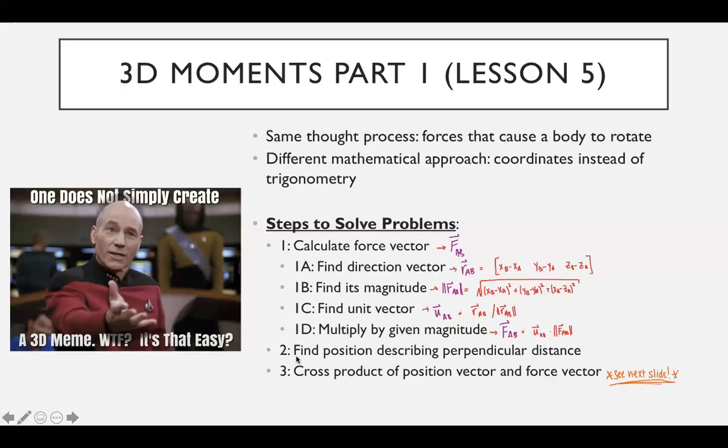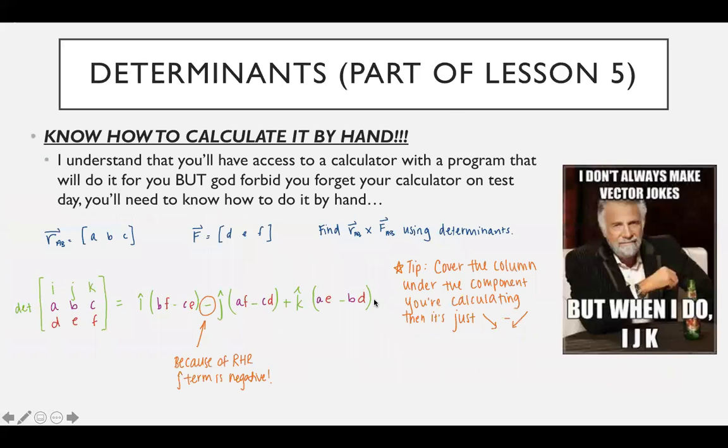And then you're going to find a position vector describing the perpendicular distance between the moment and the spot that you're taking the moment about. And then you're going to take a cross product of those two vectors. So first of all, the formula for a moment is r cross f, so the position cross the force vector.